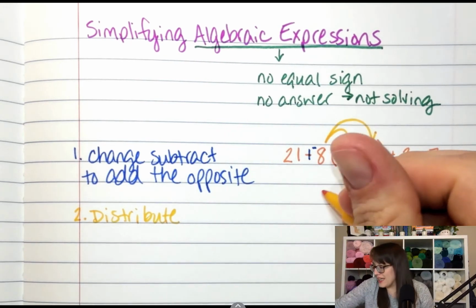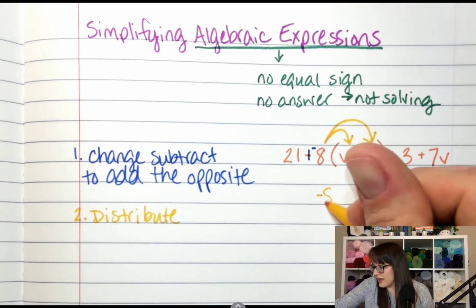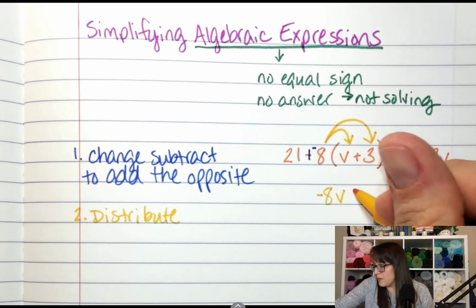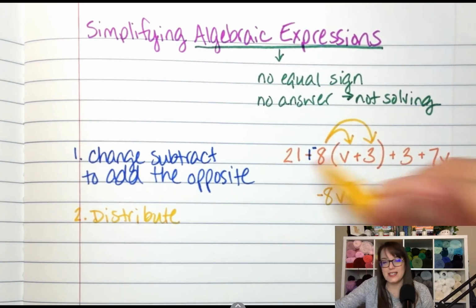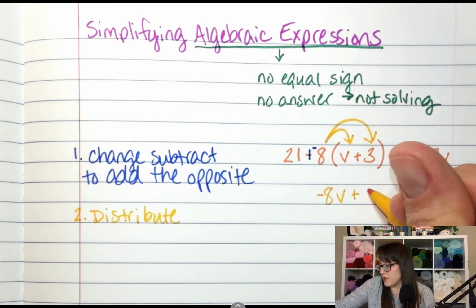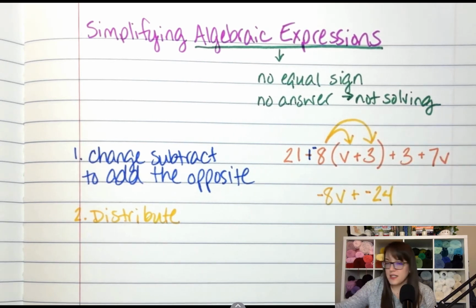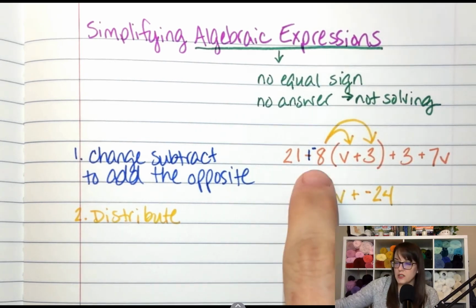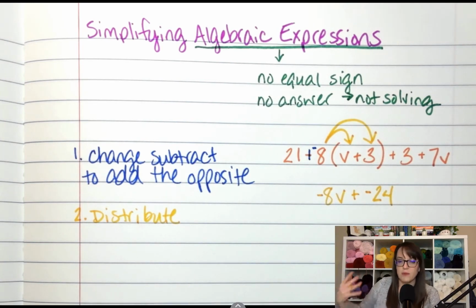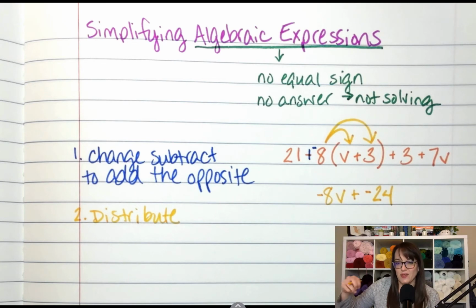So this is negative 8v, negative 8v plus, because this is a plus. And what's negative 8 times 3? 24. Oh, negative 24. This is what I was saying about you want to change it to plus a negative because you have to distribute that negative inside as well.